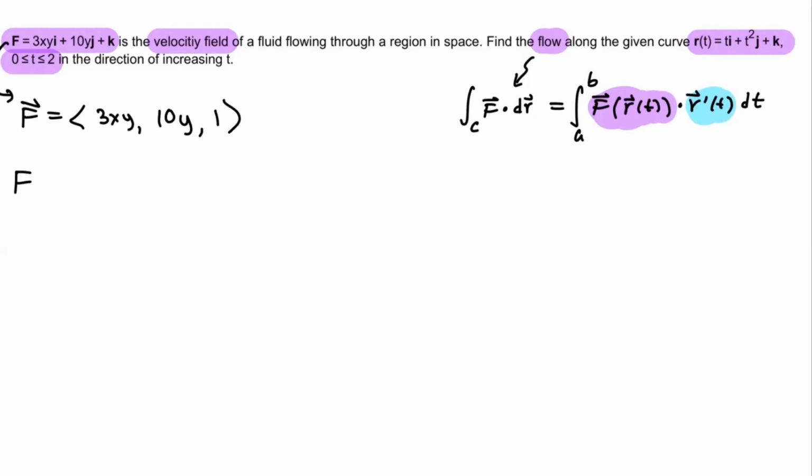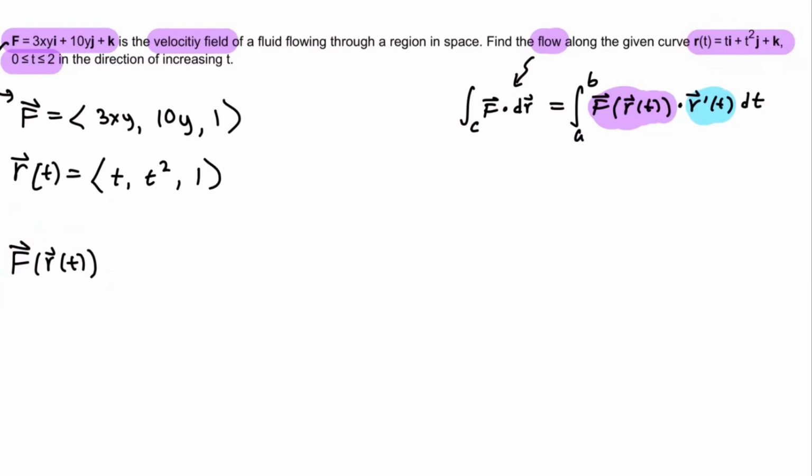If I want to find F of R of t, I'm going to plug in R of t component-wise into F. Before that, let me write R of t component-wise. As given in the problem, the i component is t, the j component is t squared, and the k component is just a constant.